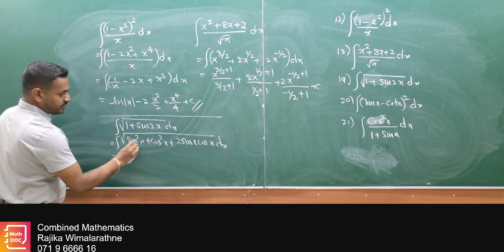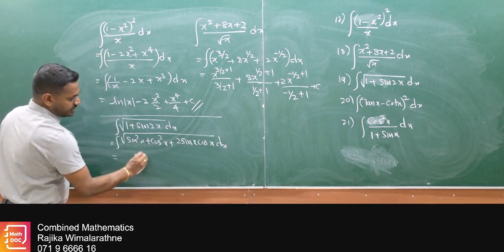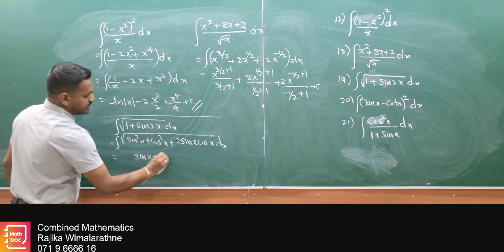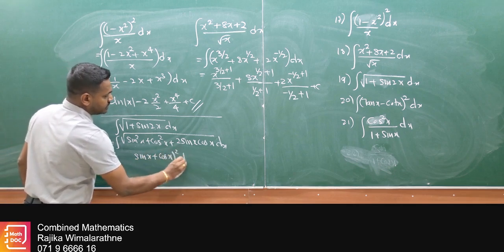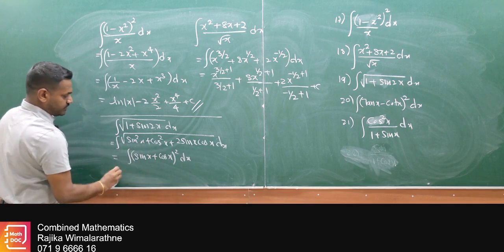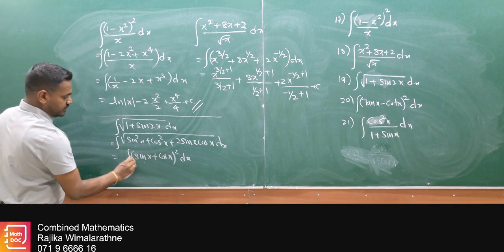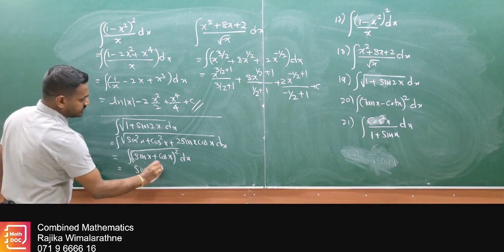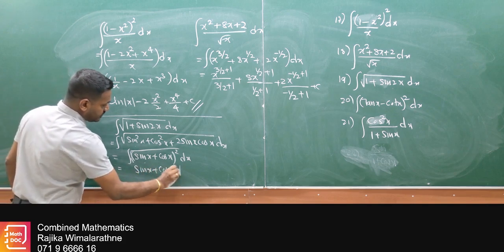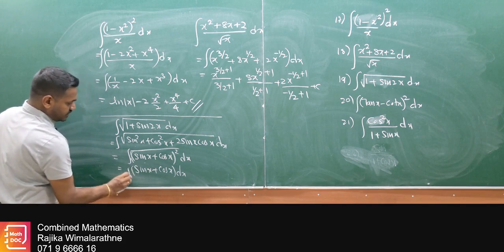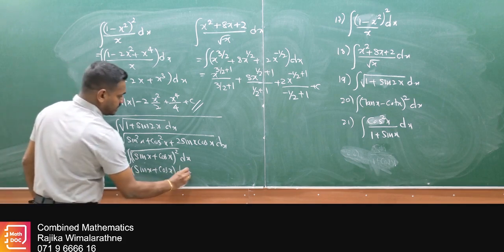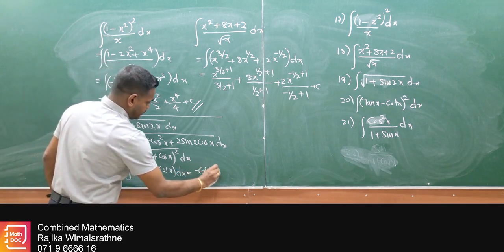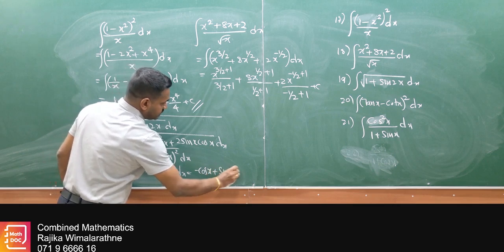Next line, here is a perfect square: sin x plus cos x to the power 2. Then it's the square root, no? That is sin x plus cos x. Now you can integrate: minus cos x plus sin x plus c.